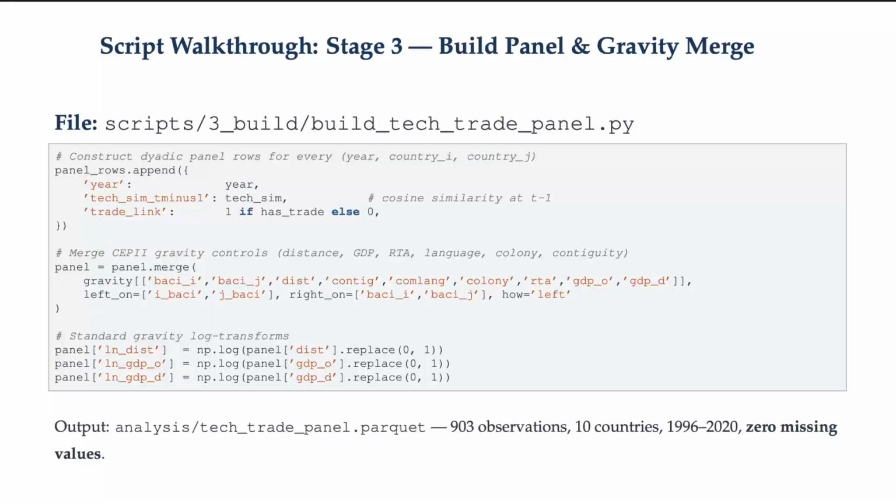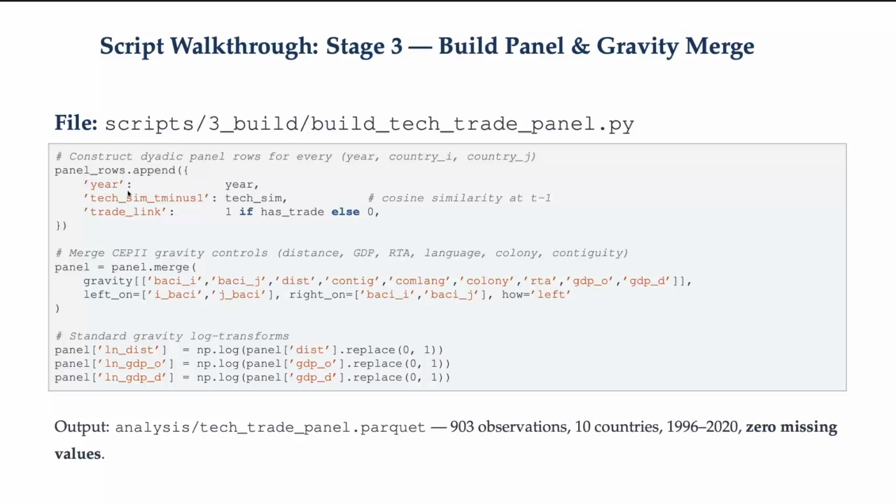This code base shows how I build the panel data merged with the gravity variables: from the gravity data, country of origin i, country of destination j, the trade value of origin and destination, distance, contiguity, common language, colony, RTA trade agreement, and GDP of origin and GDP of destination.